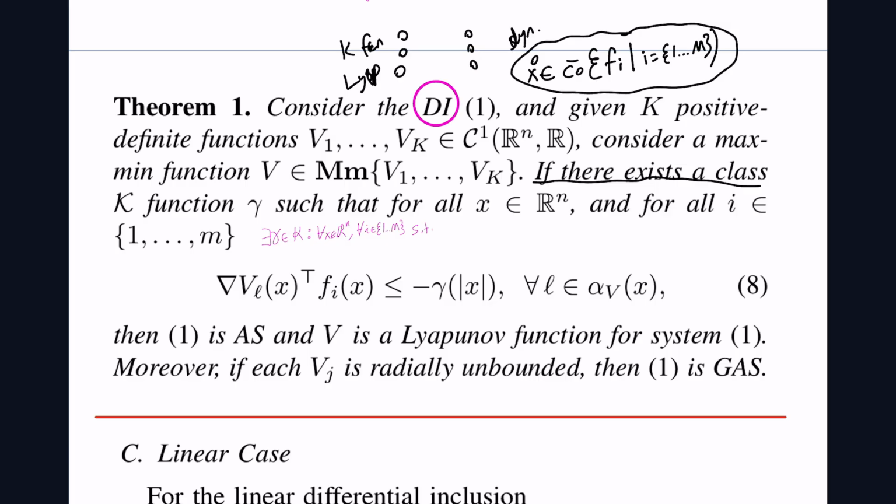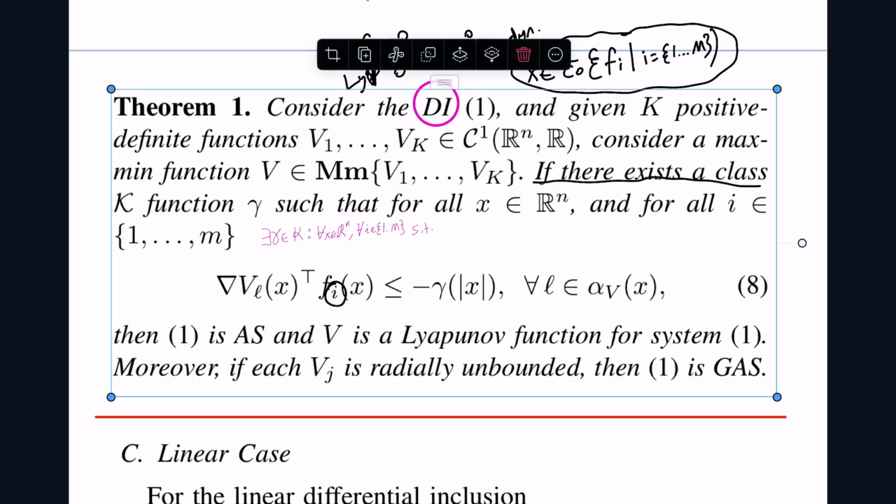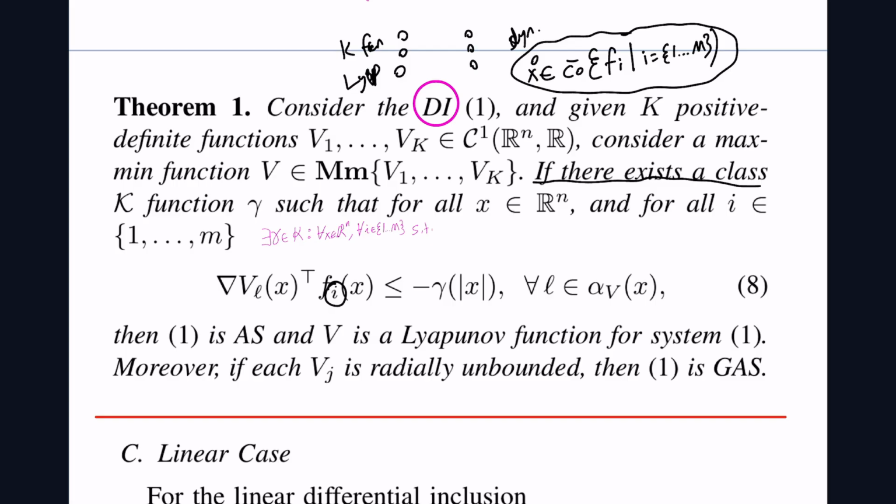So basically the stability definition is adapted to this new case where you need to look at all those Lyapunov functions, and then you need to look at all those subsystems, right? Here, from 1 to m. Okay, and let's keep on going.